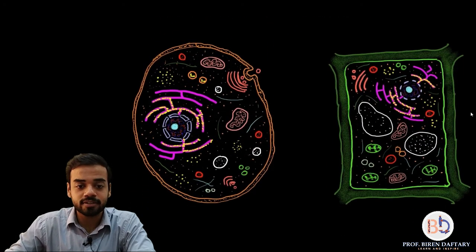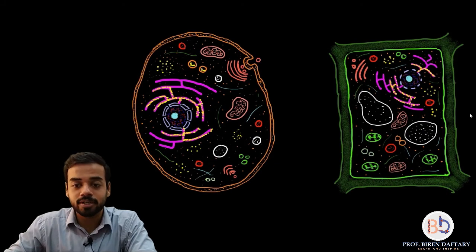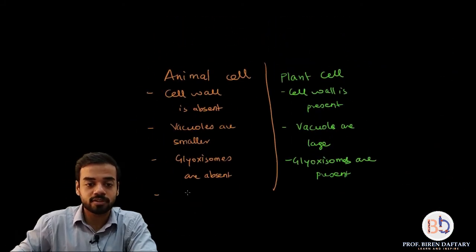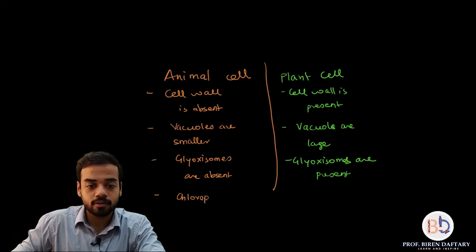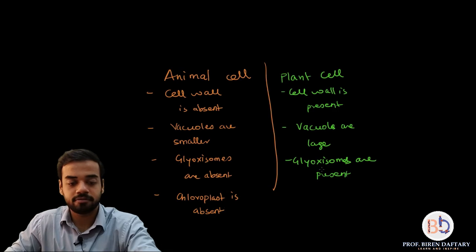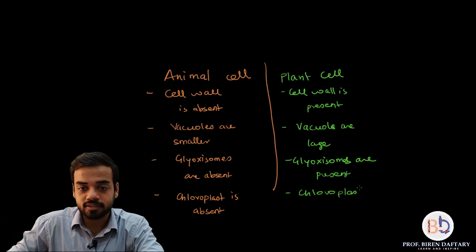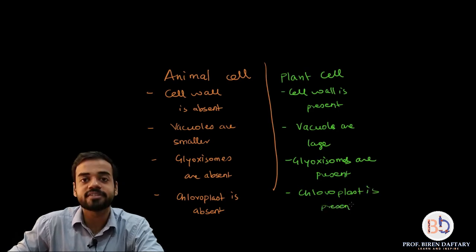Let us just have a look at the diagram. We discussed the vacuoles, we discussed the cell membrane. Okay, the chloroplast. So chloroplast is absent, correct? Whereas in the case of a plant cell, chloroplast is present.